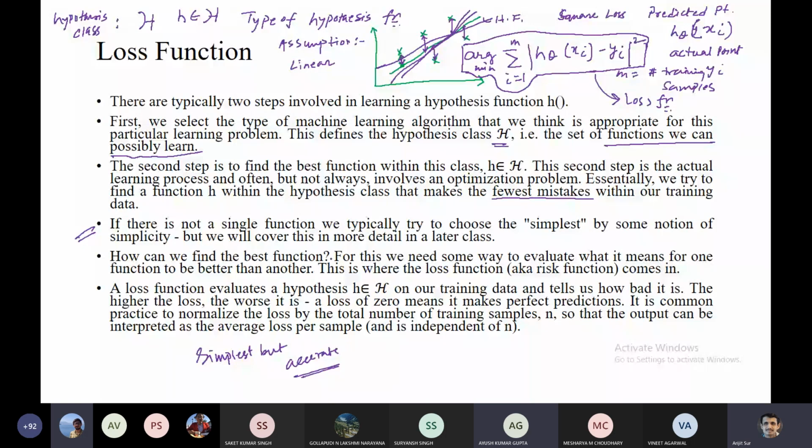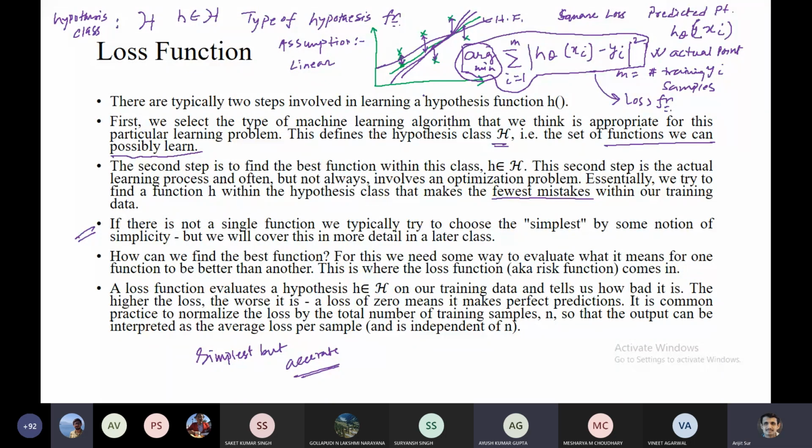So how can we find the best function? For this, we need some way to evaluate what it means for one function to be better than another, and this is where the loss function comes in. This is the optimization function with which we can get the best function among the hypothesis class. A loss function evaluates this h on our training data and tells us how bad it is. So actually, this is basically a badness measurement of this hypothesis function.